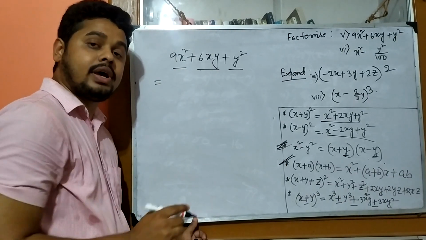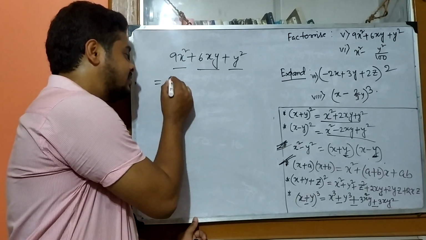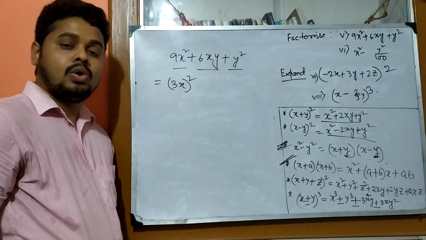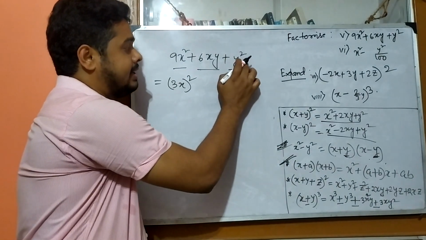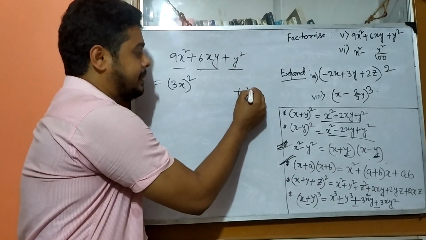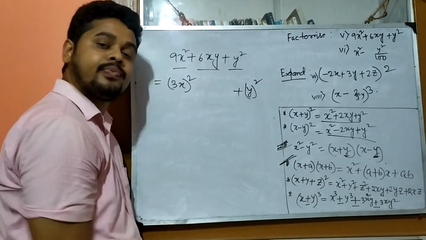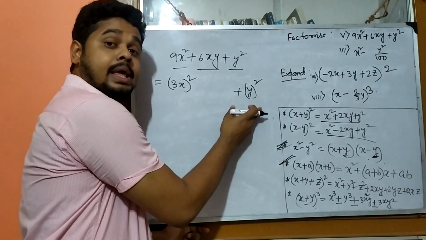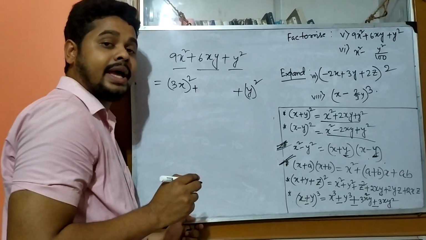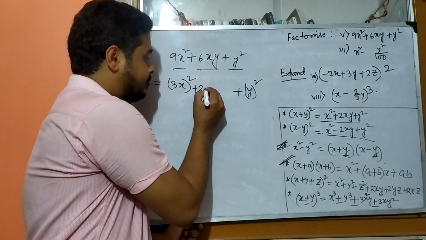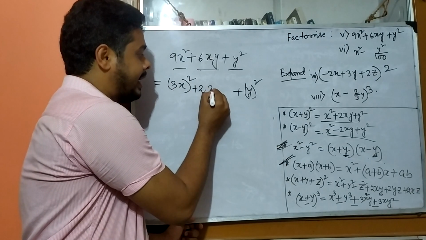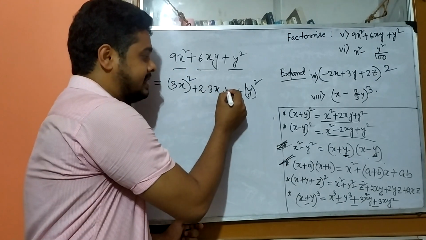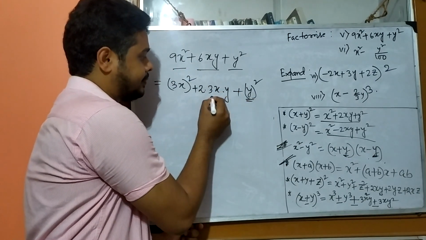Now 9x square means we can write (3x) whole square, and the last part y square means we can write (y) whole square. Now that is our a square and that is our b square, and in between that what will be 2ab. A means our 3x and b means our y.